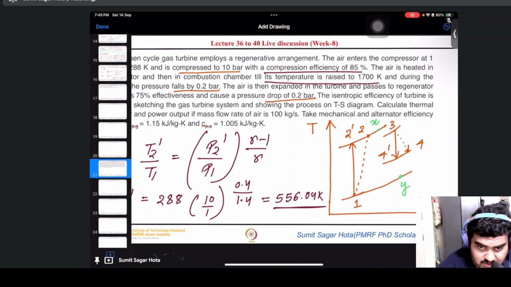The combustion chamber. So that same temperature goes to the turbine.